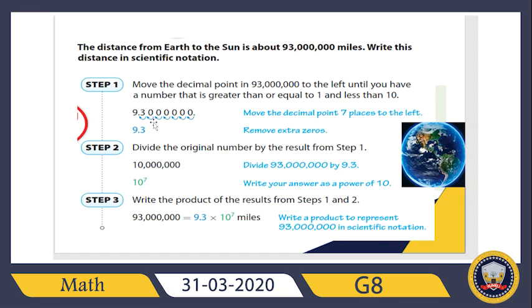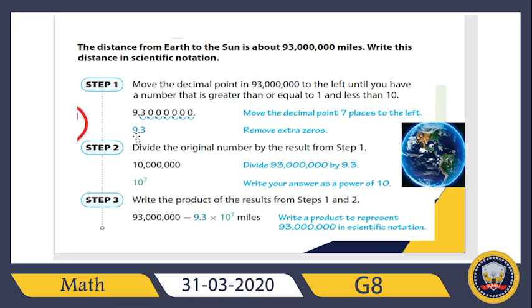Right? I want to make this number easy. As if I multiply this number by 10 seven times, to bring the decimal out, 7 zeros. I multiply this number by 10 times 10 times 10, 7 times. In order not to write 10 times 10 times 10, what about if I write 9.3 times 10 power 7?